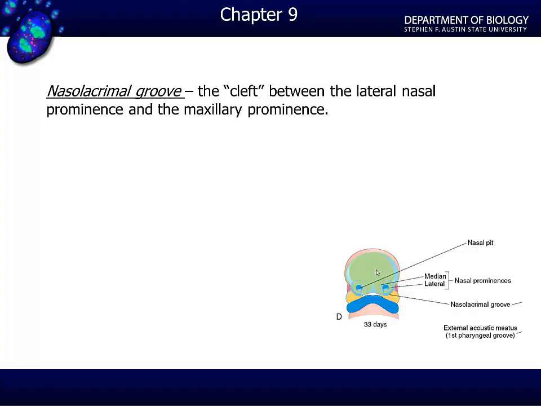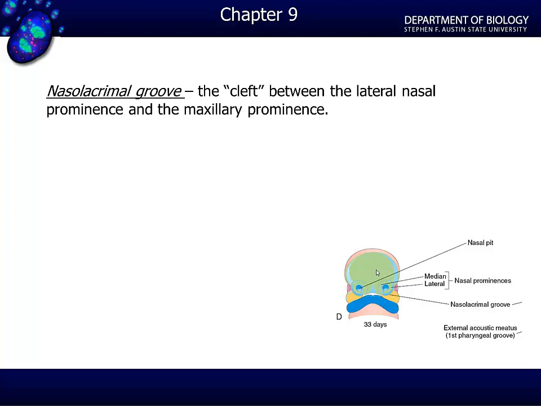Now, as we return to the facial development, we have the labial groove, and that is, again, between the median and lateral nasal prominences. But between where we see that lateral prominence and we see the maxillary prominence coming together, we're also going to have a groove. This cleft is called the nasolacrimal groove.